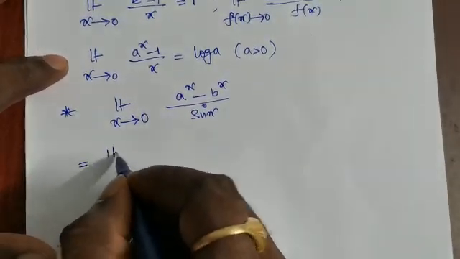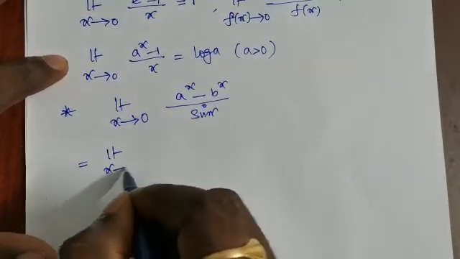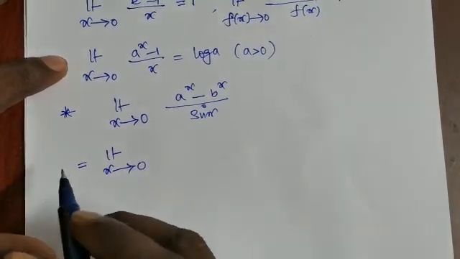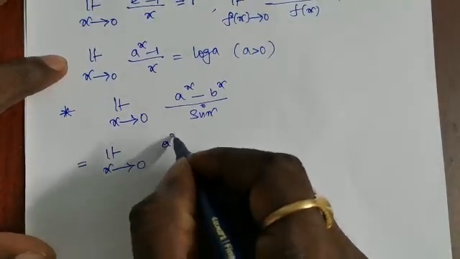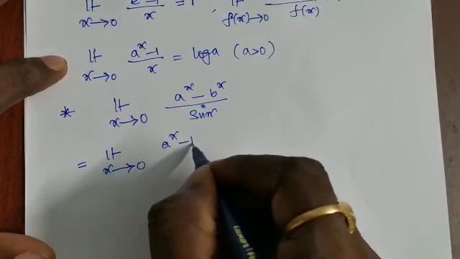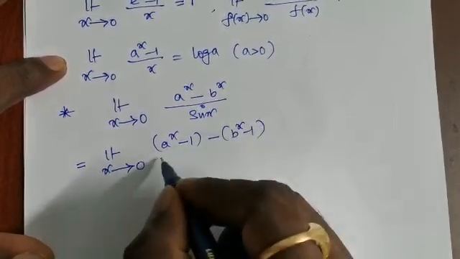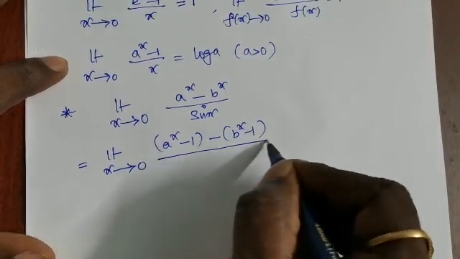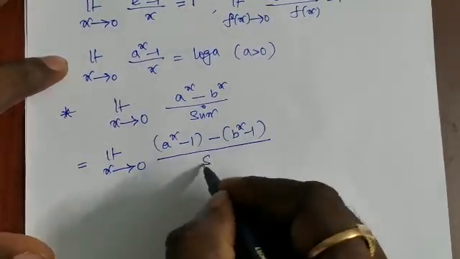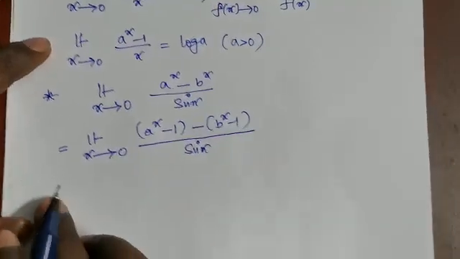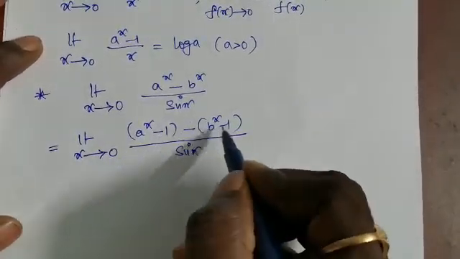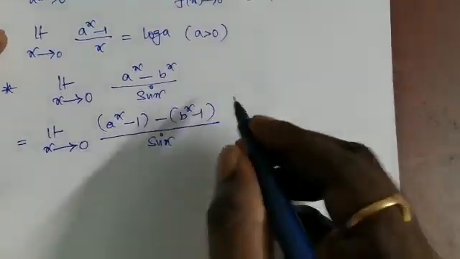We can solve by both. Limit x tends to 0, suppose it can be rewritten as a power x minus 1 minus of b power x minus 1, whole divided by sin x. Okay, why? Because minus 1 minus of minus 1, minus 1 plus 1, both get cancelled.